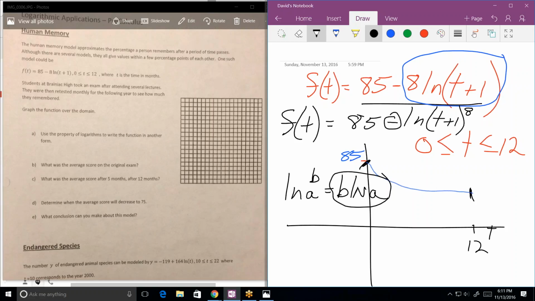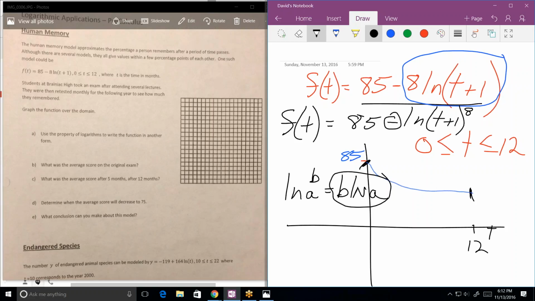Would that be the original one? On the original exam is the one they took when t was equal to 0, right? It's not the exam they took 6 months after attending the lectures. It was the exam they took right after attending the lectures. So the average score is going to be when t equals 0. If you evaluate this function and figure out what f of 0 is, it's 85, because this whole term disappears.